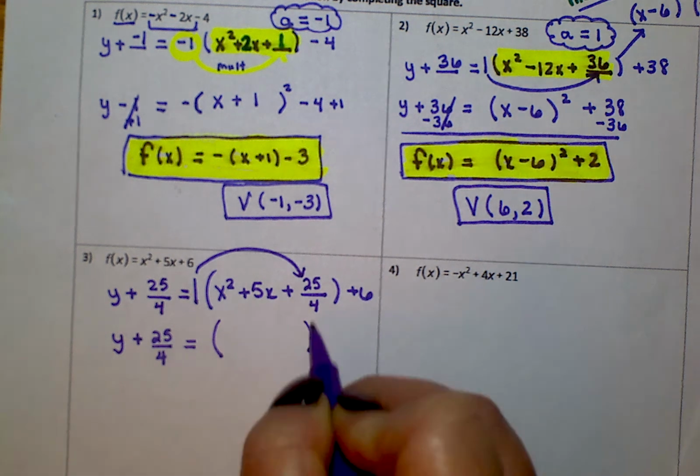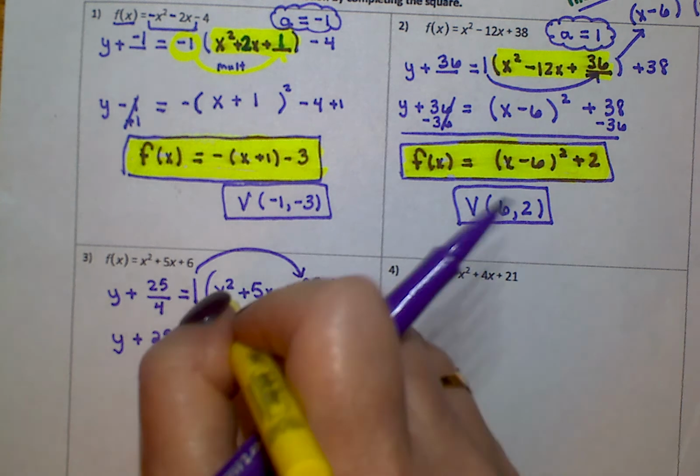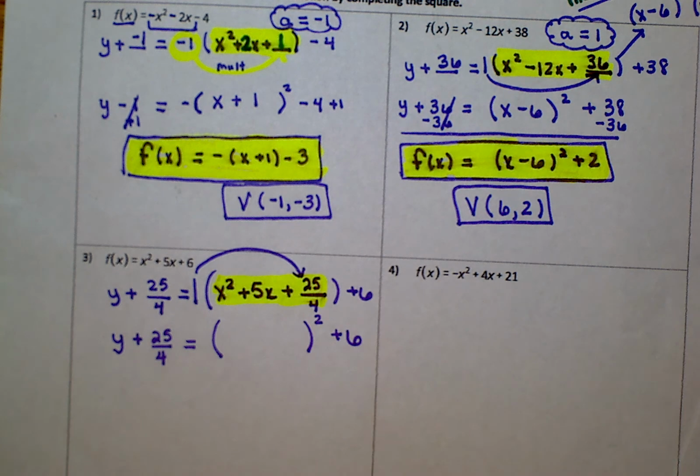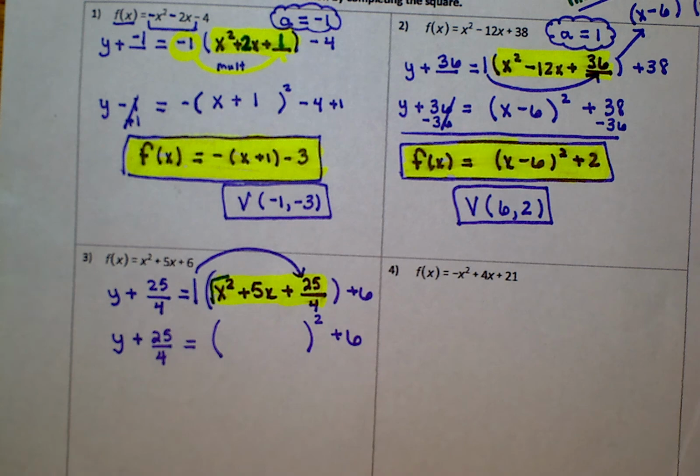Now I'm going to show you a shortcut to factoring that some people might like. When you complete the square to put things into vertex form, you're getting a perfect square trinomial. So think about two things that would multiply to give you x squared.